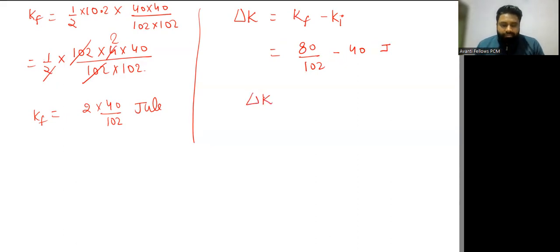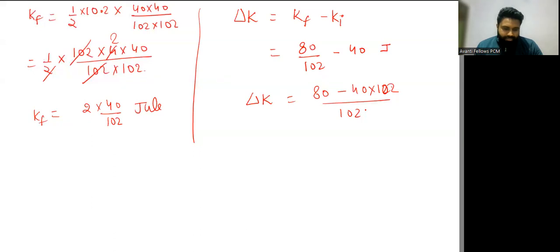So if you calculate this, it will become 80 minus 40 into 102 divided by 10.